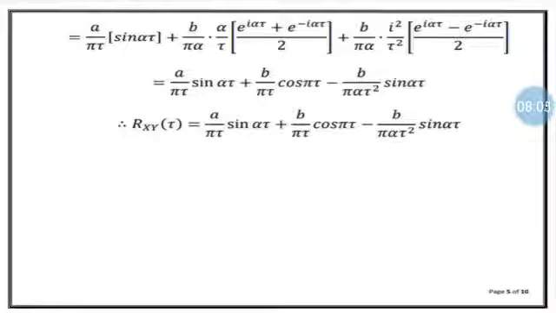So substitute this formula, we get minus b by pi a tau squared into sin a tau. Therefore, r xy of tau equals a by pi tau into sin a tau plus b by pi tau into cos a tau minus b by pi a tau squared into sin a tau.